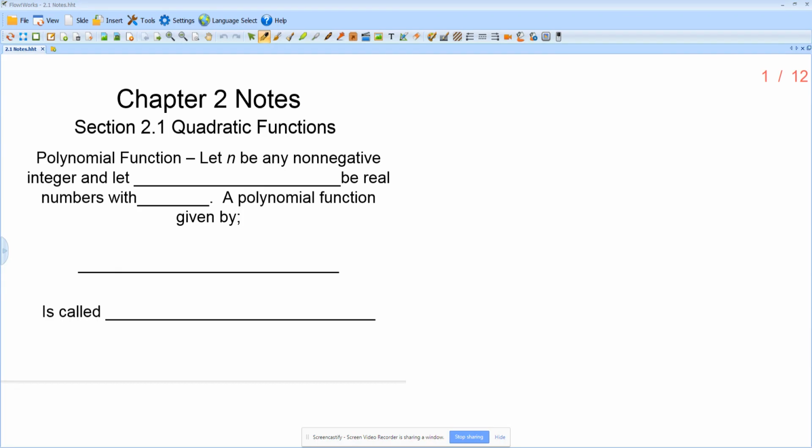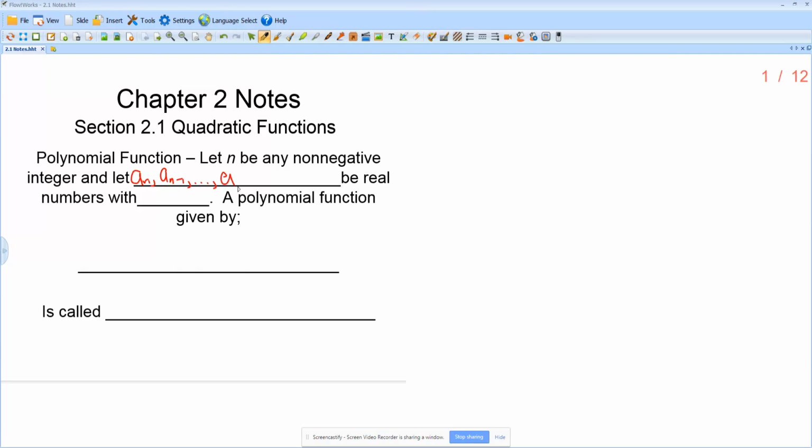So starting with a polynomial function. When we're talking about a polynomial function, we say let n be any non-negative integer and let, this is going to look a little bit visually overwhelming, but it's not that bad, a sub n, comma, a sub n minus 1, comma, and then dot, dot, dot, meaning there's an infinite number of things that can happen in between here.